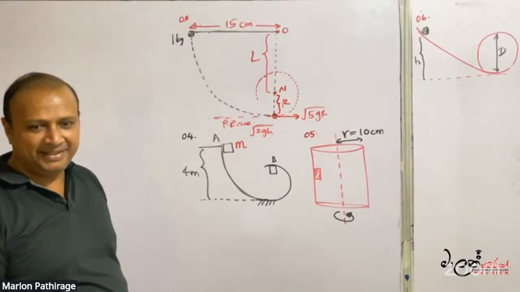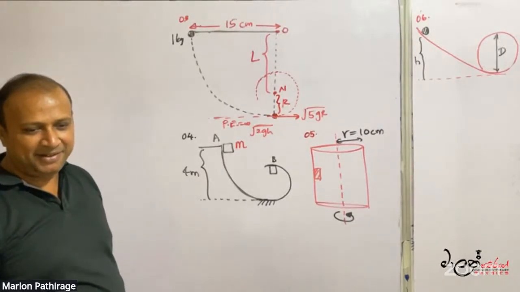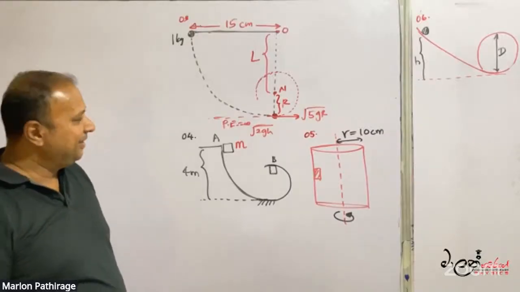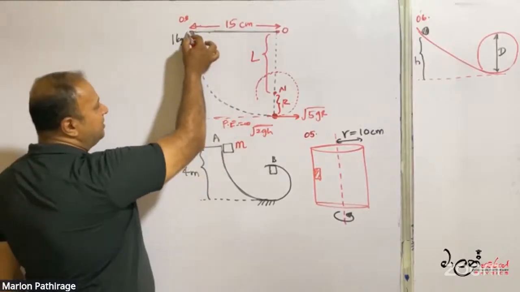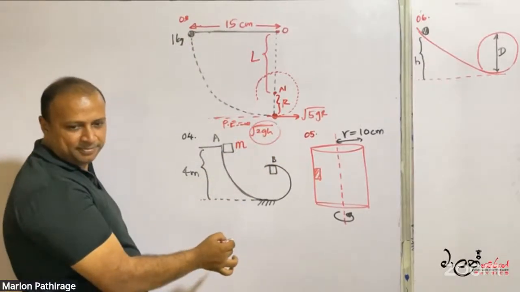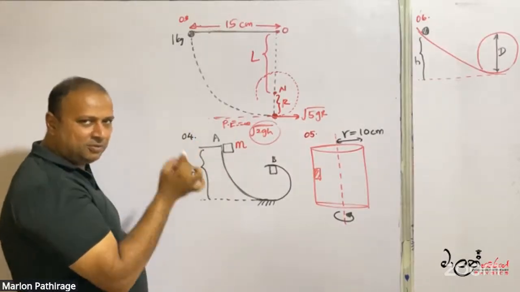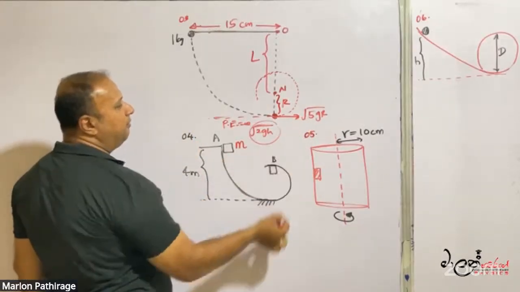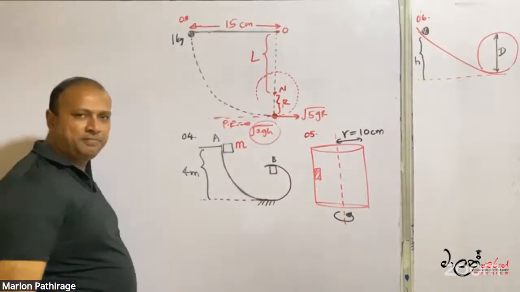Is that clear? Therefore, the velocity at this position, square root of 2gh, should equal square root of 5gr to complete a full circle.